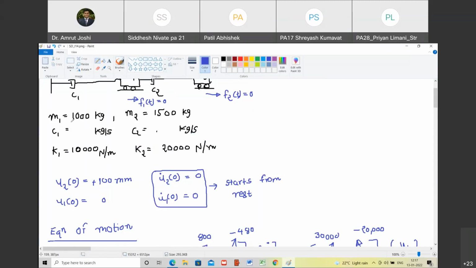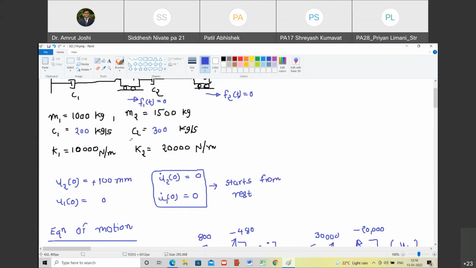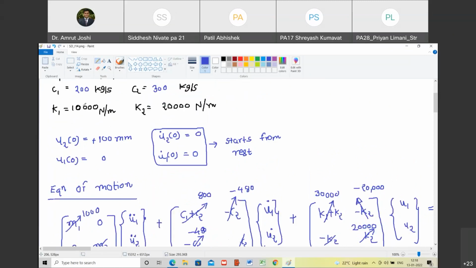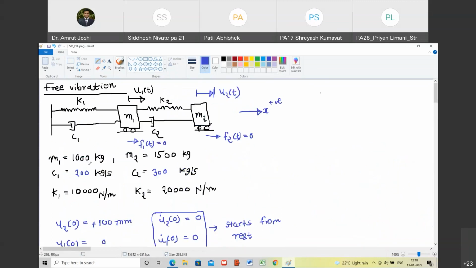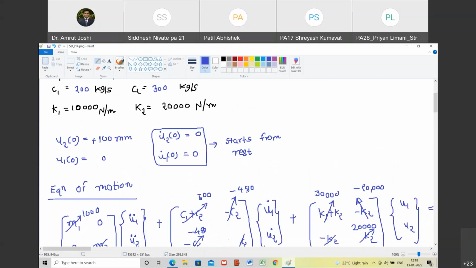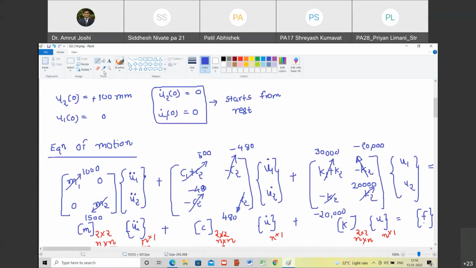Just give me a second. So I will call this C1 as 200, and this as 300. Instead of the previous value 480, that is the value now. Now, if I do this 200 and 300, what is the value of C1 plus C2? It is 500. And then this value becomes 300. But again, that is not satisfied, right?